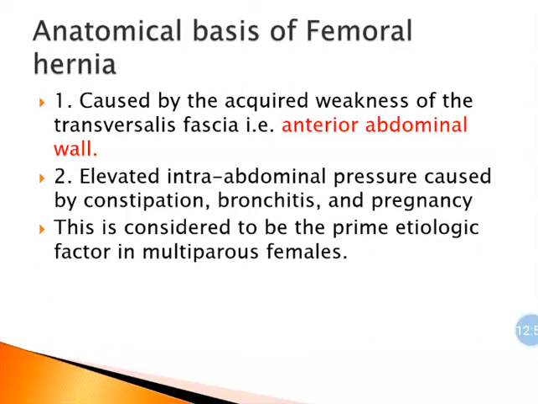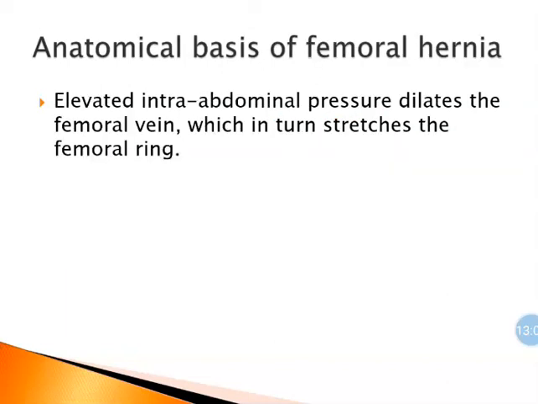So, this is considered the prime etiologic factor in multiparous women. That is, weakness of anterior abdominal wall resulting in weakness of transversalis fascia. Elevated intra-abdominal pressure dilates femoral vein, which in turn stretches the femoral ring, resulting in hernia.